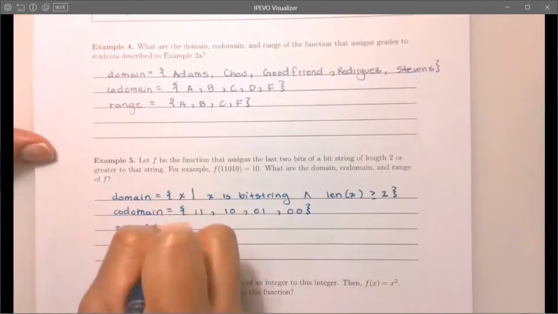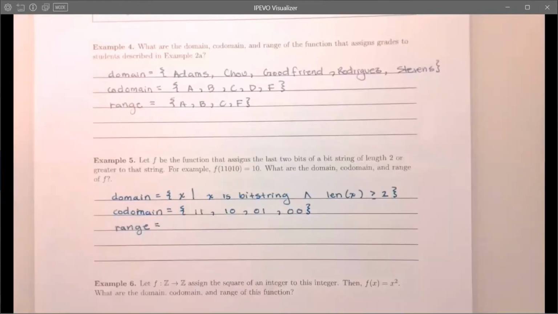Okay, well, here we have to think about what elements of the codomain are going to have a corresponding input. Well, what is a possible input? The input is all possible bit strings, and they all have to get mapped, right? In a function, every single element in the domain has to get mapped to an element in the codomain.